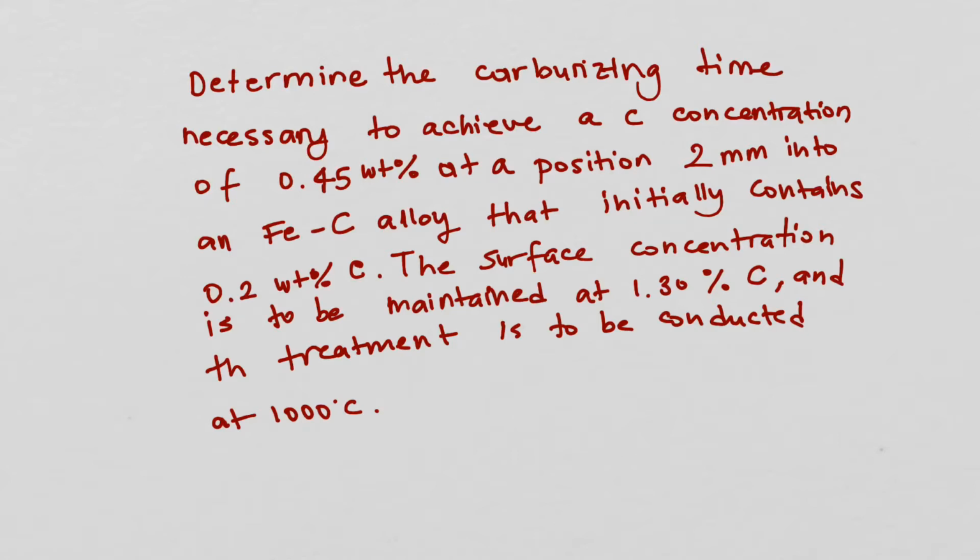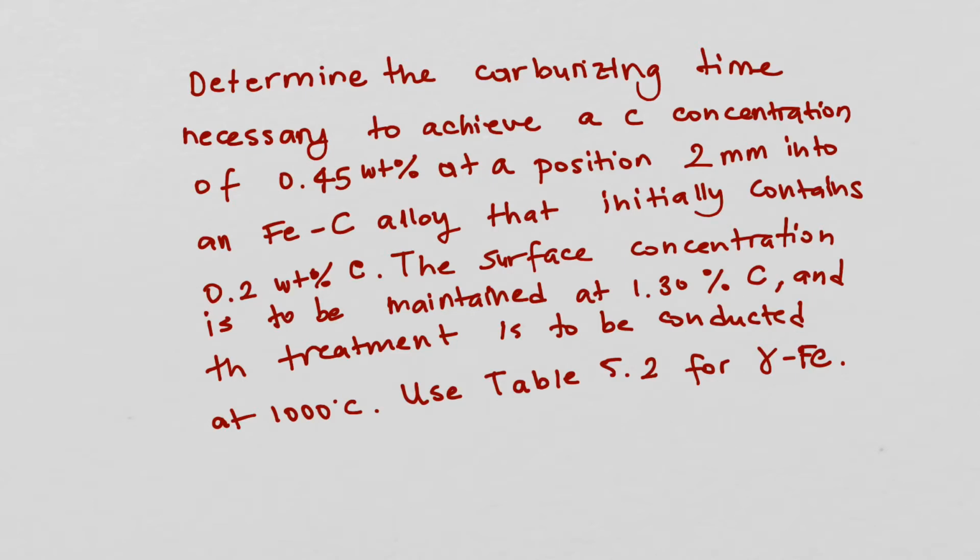So we are given the temperature. Use table 5.2 for gamma iron diffusion to get the diffusion data. So you guys need to look at the table in your book and then read the numbers.